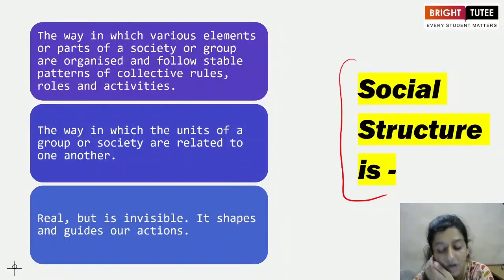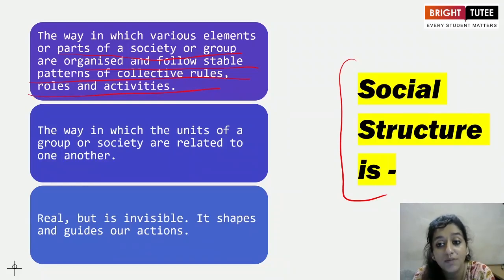So, social structure, if we summarize, is the way in which various elements or parts of the society or group are organized and follow stable patterns of collective rules, roles, and activities.